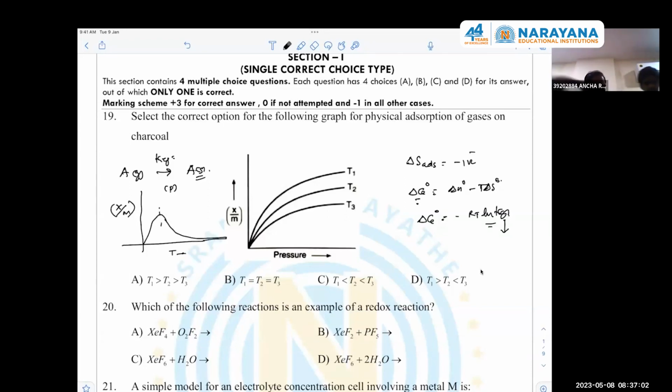You might be aware of this fact. For physical adsorption, there is nothing like that, with T1, T2, T3: the lower the temperature, the greater the extent of adsorption. So the extent of adsorption is maximum where the temperature is T1, the lowest. Answer is C.